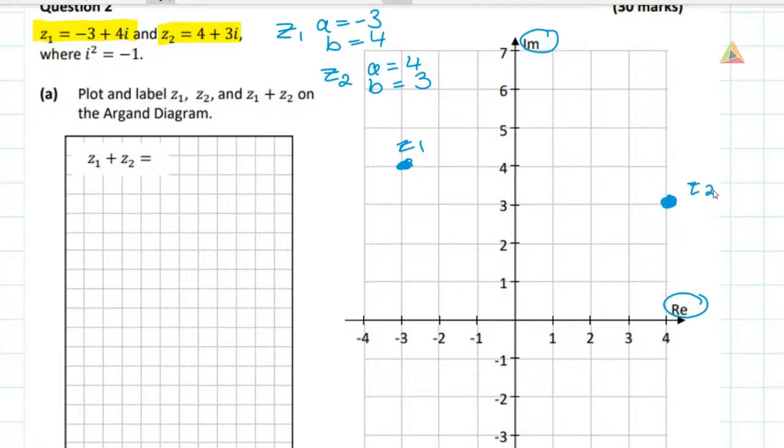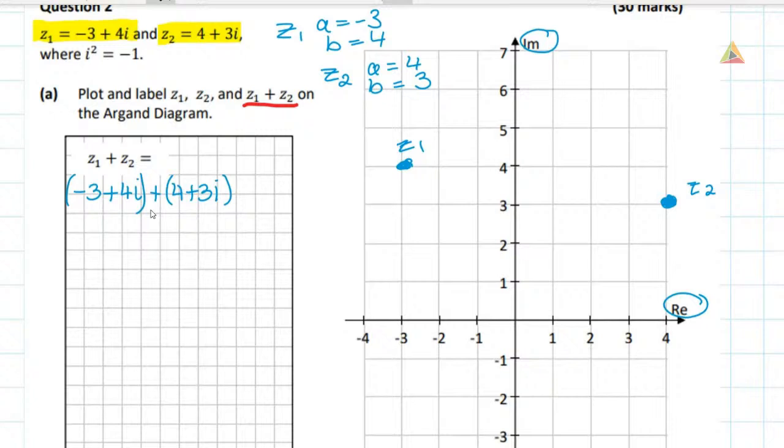The third one that it asks me to plot then is Z1 plus Z2. So to do Z1 plus Z2, we're going to have to add together the two complex numbers that they've given us. So that's minus 3 plus 4i plus 4 plus 3i. And again, I'm going to put these in brackets just in case there's a minus in front of the second one.